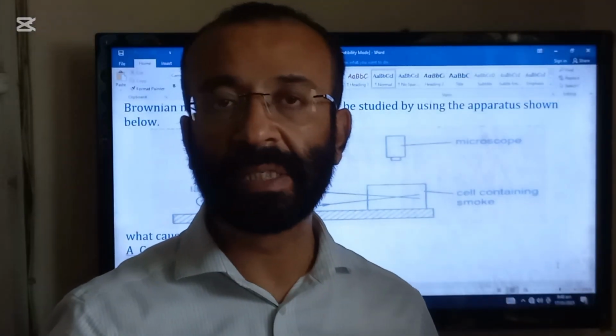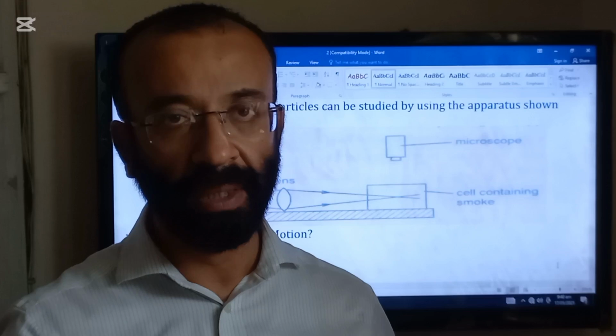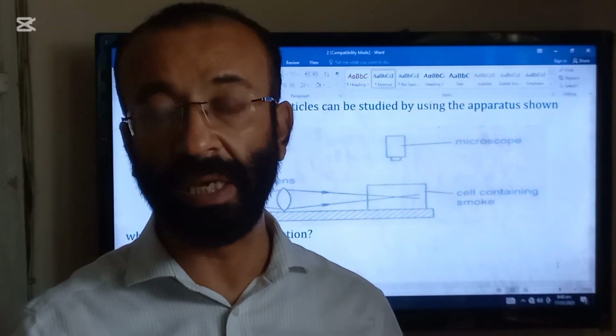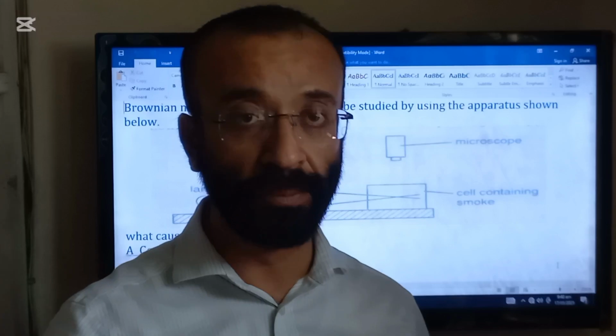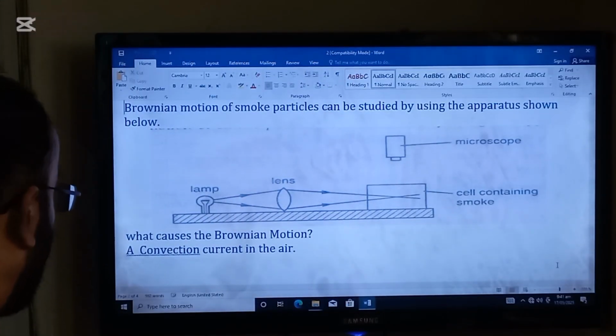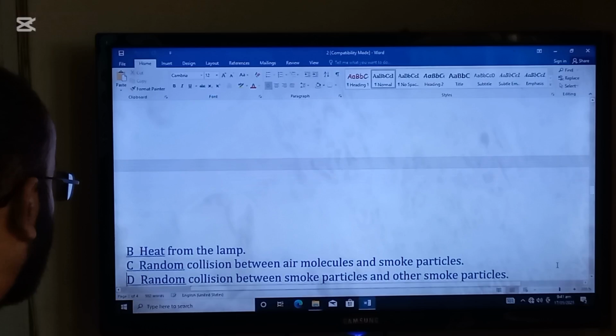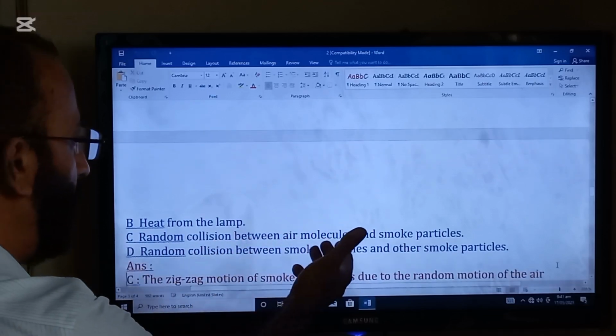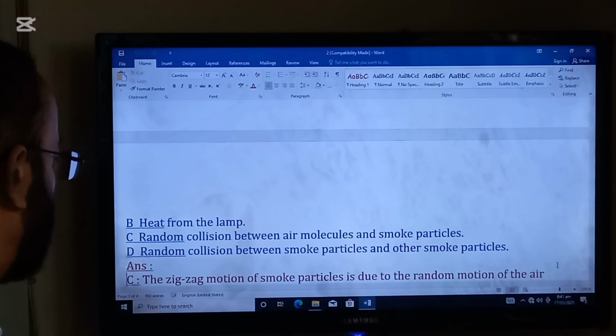We have studied it earlier. The Brownian motion is caused by the bombardment of the air particles with the smoke particles. So this should be the answer. And the answer here is C, that is random collision between the air molecules and smoke particles.